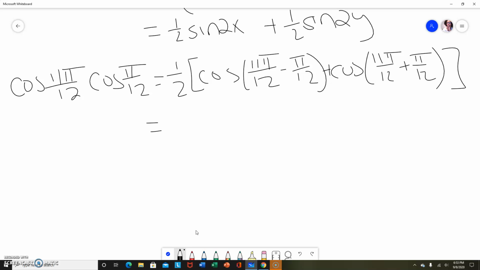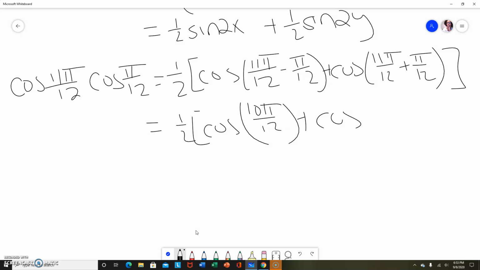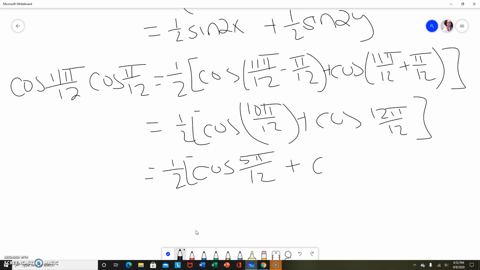And so that equals 1/2 times the cosine of 10 pi over 12 plus the cosine of 12 pi over 12. And so I have to reduce always. So I get cosine of 5 pi over 6 plus the cosine of pi.